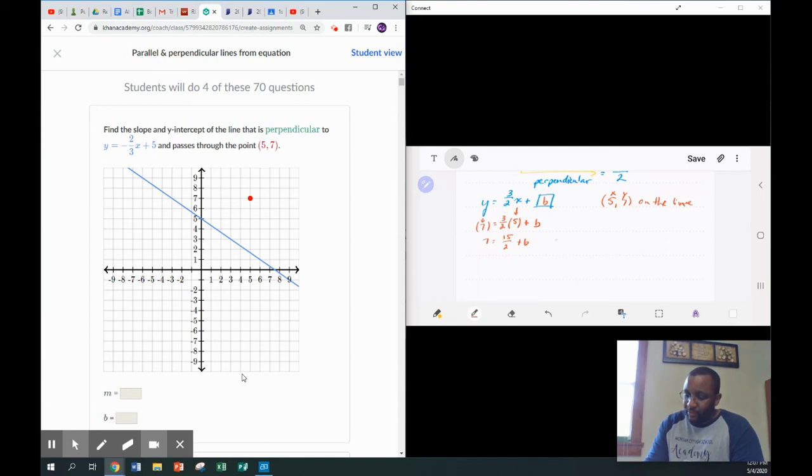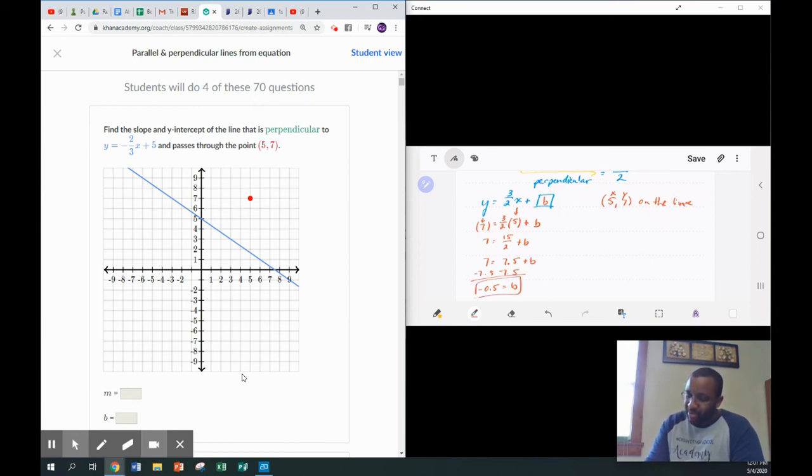Now, 15/2 is really just the same as saying 7.5. So that's 7 equals 7.5 plus b. So what I could do now is subtract 7.5 from both sides. And so I'll end up with a negative 0.5 equals b. So now I know where the y-intercept is.